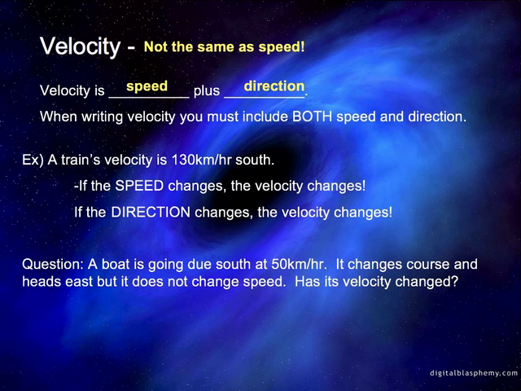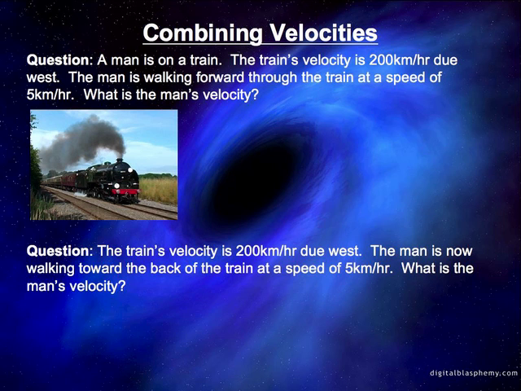Okay? So it's traveling south. If the speed changes, its velocity changes, but also if its direction changes, its velocity changes. If that train makes a turn and starts heading east, then its velocity will change because now it'll be traveling 130 kilometers per hour east. So if the direction changes, velocity changes.